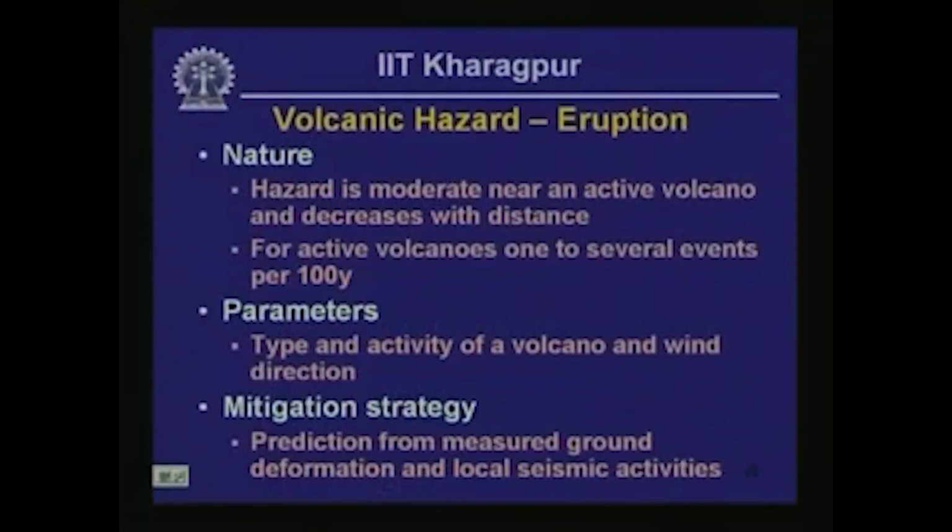For an active volcano there are typically 1 to several events per 100 years, and for relatively inactive ones you can expect one event per 1000 years. So that gives you a sense of the return period associated with this type of hazard.